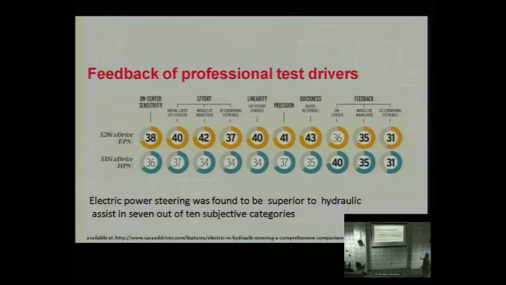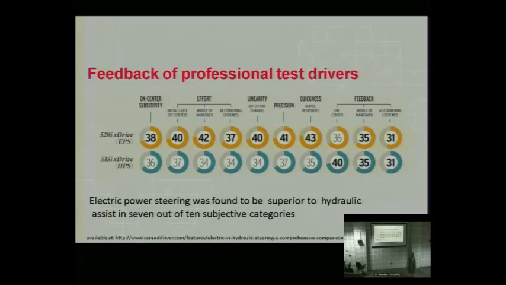You can see at the top here, in the sort of funny greeny, olivey colour, that is the electric power steering system. In the more jade colour, at the bottom here, that is the hydraulic power steering. In their benchmarking, they scored over a number of these drivers.